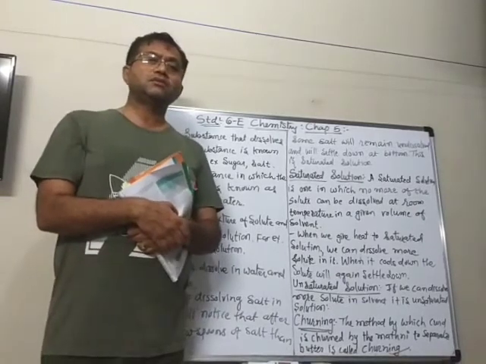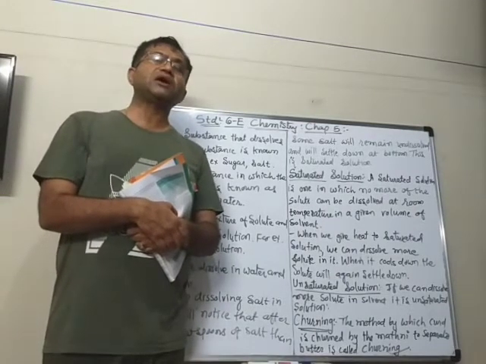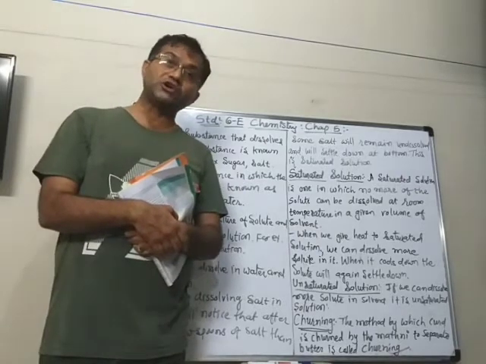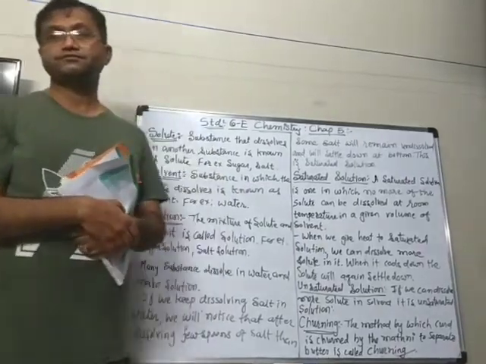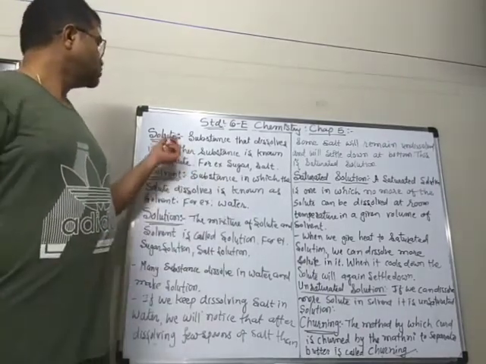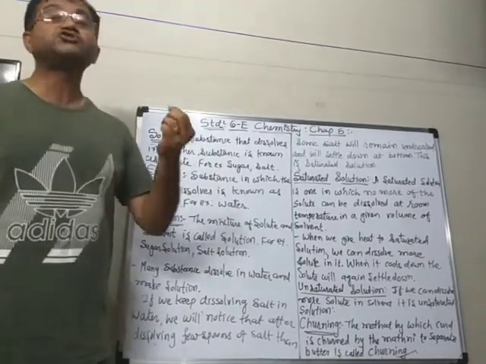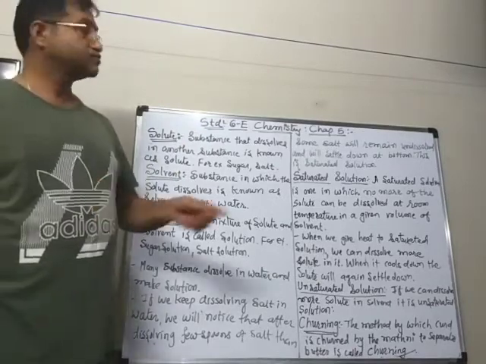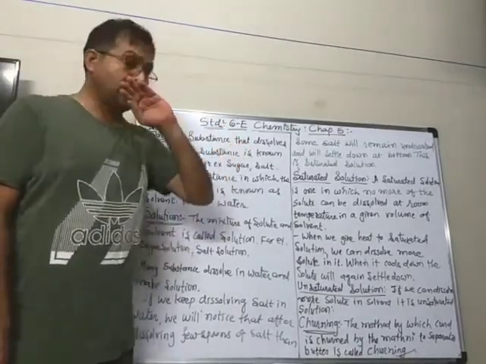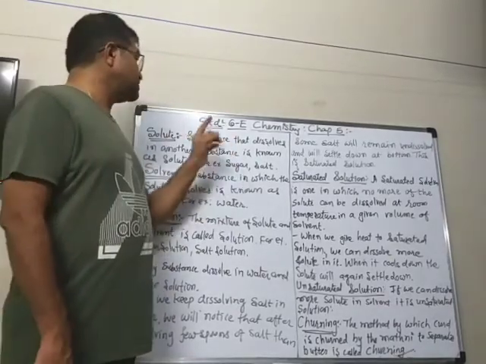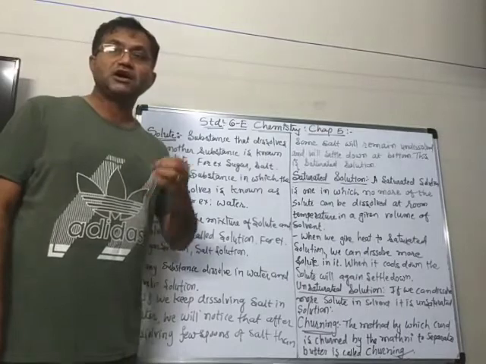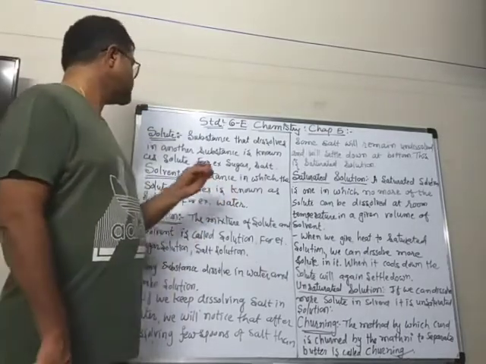It means that sugar is soluble in water, salt is also soluble in water, because they are dissolving. So they are known as solutes. What is solute? Substance that dissolves in another substance is known as solute.